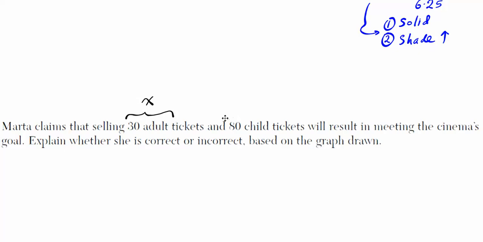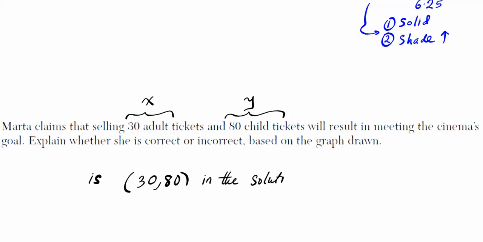And child tickets is Y. So the question is, is the coordinate 30, 80 in the feasible region, in the solution region? That's the question that we're going to be answering.